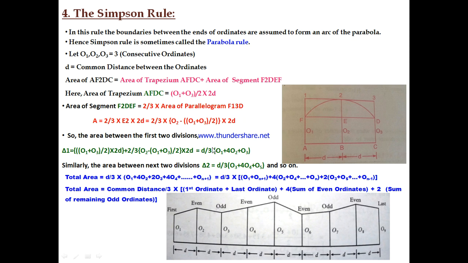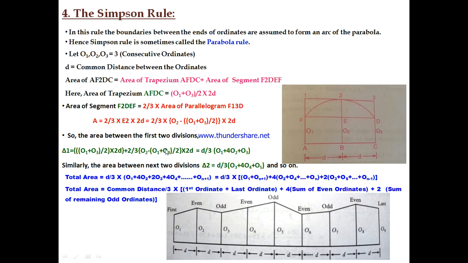So the area between the first two divisions, delta 1, will be equal to O1 plus O3 by 2, into 2 times the common distance D, plus the area of this segment, which will be equal to 2 by 3 times E2 into FD, where FD is 2D only.